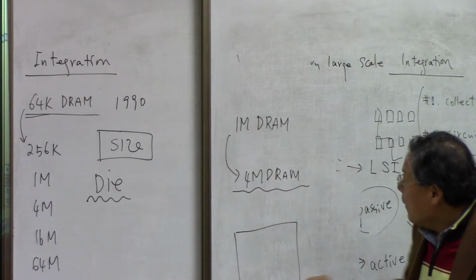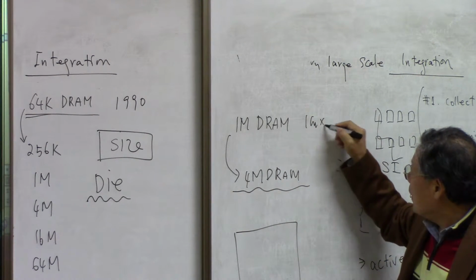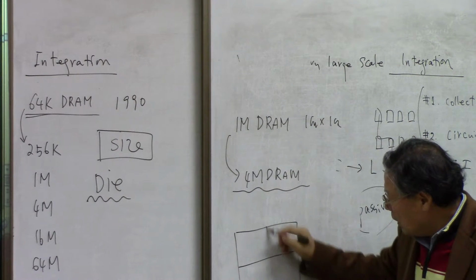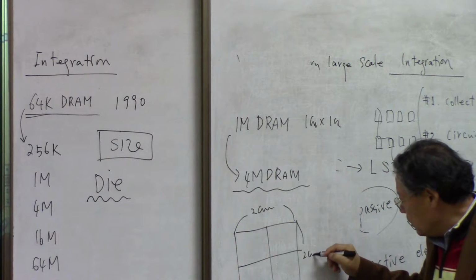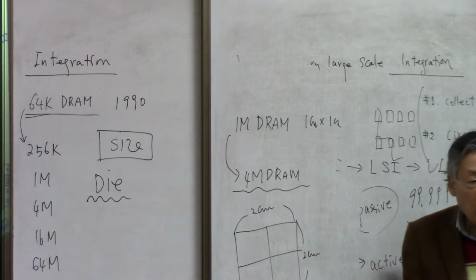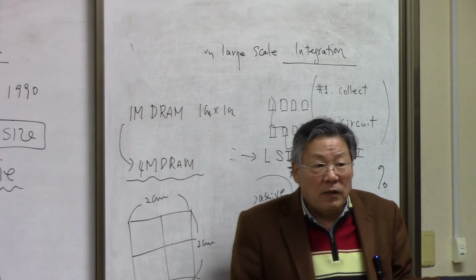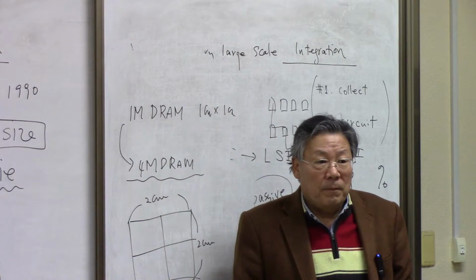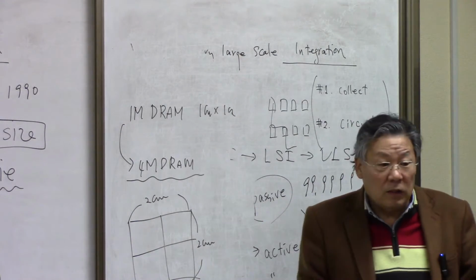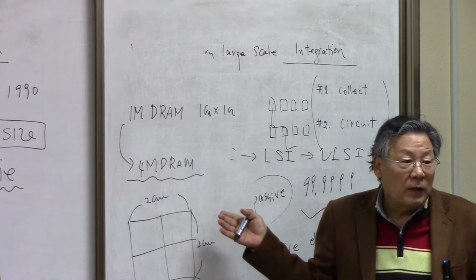So that 1 mega DRAM, if its size is 1 centimeter by 1 centimeter, then you make it 2 centimeters by 2 centimeters. Then it's going to be a 4 mega DRAM. Then why do people say I can make a 1 mega DRAM, but I cannot make a 4 mega DRAM? The only thing you have to do is just to put them together to make a 4 mega DRAM.